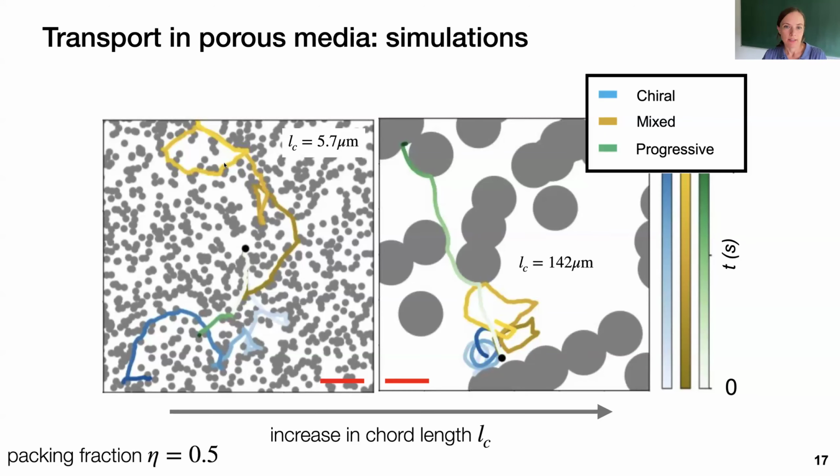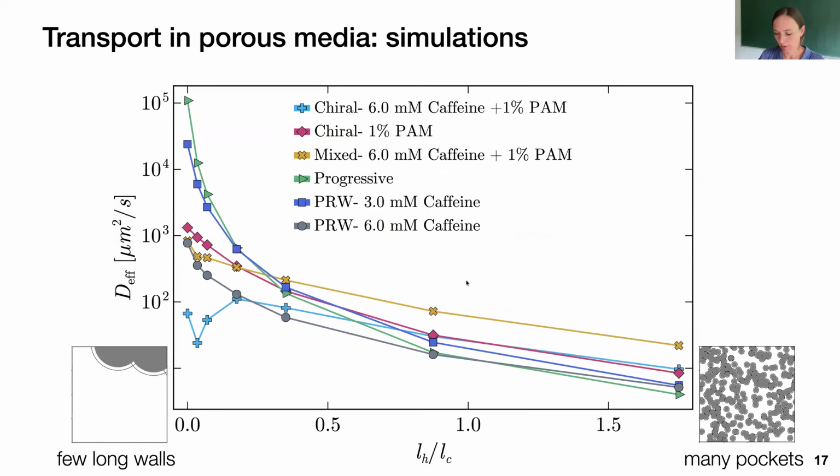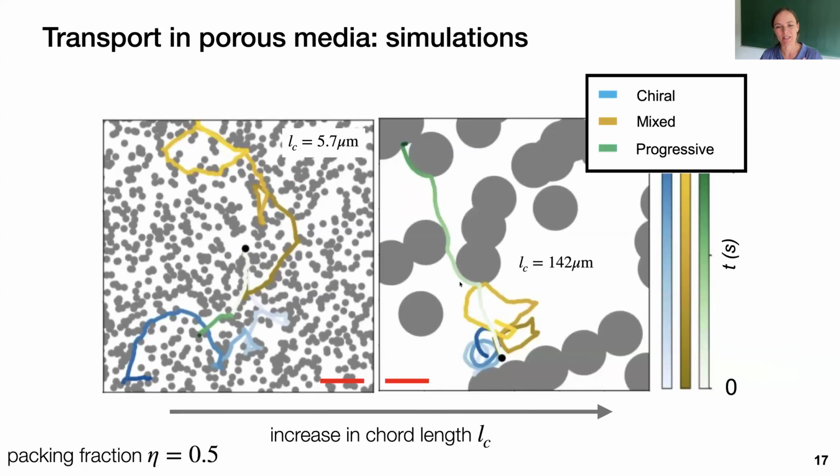And what you can see here is if we start with the right situation, so we always show three trajectories: the progressive straight swimming phase, a circular swimming phase, and the mixed one. And in this case here, in the progressive phase, they can actually move straight for a fairly long time.